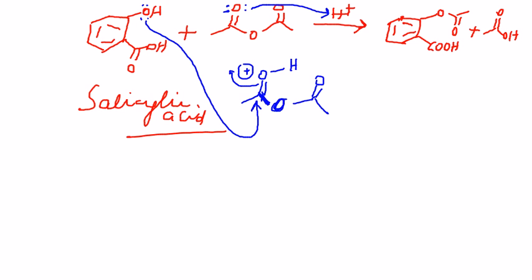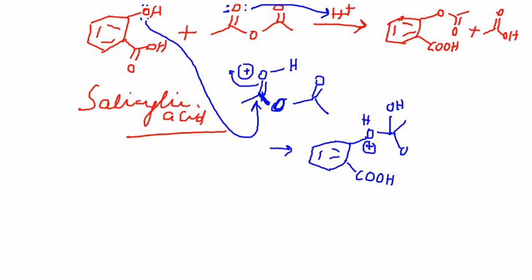Electrons are going to move. That will give you oxygen, hydrogen, COOH. Right now I have a positive charge which is connected to a carbon which has an OH and a methyl and oxygen.